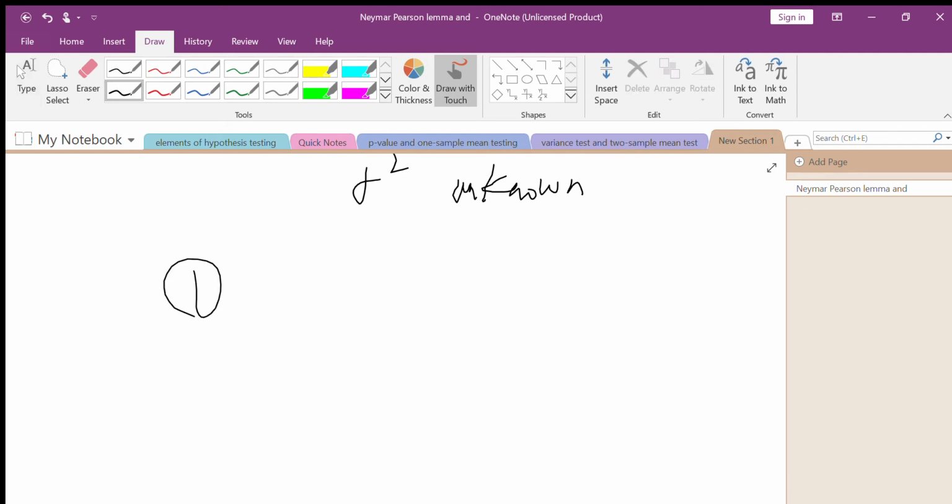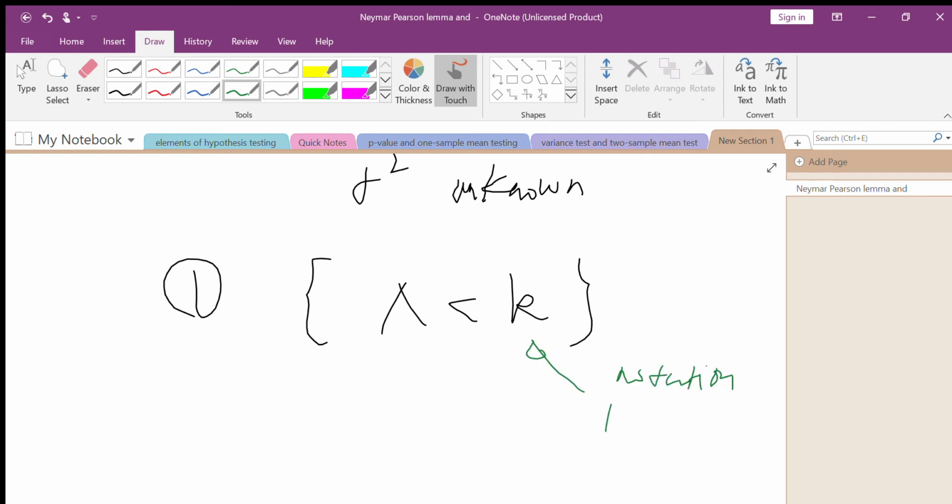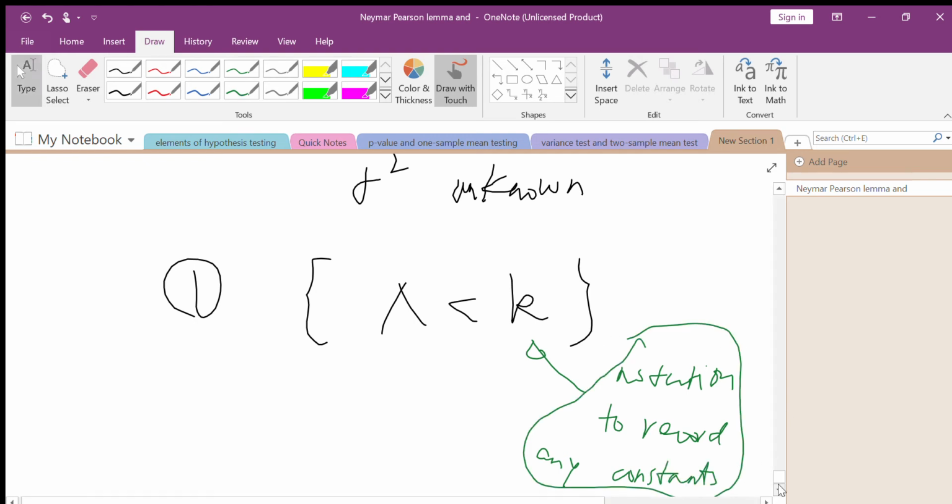First step, the rejection region: should we write this? Okay, as we mentioned many times, this is notation to record any constant. This is actually an abuse of notation, but it makes our derivation more convenient.